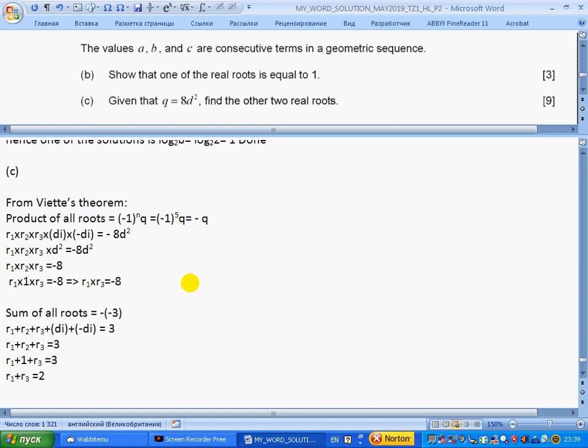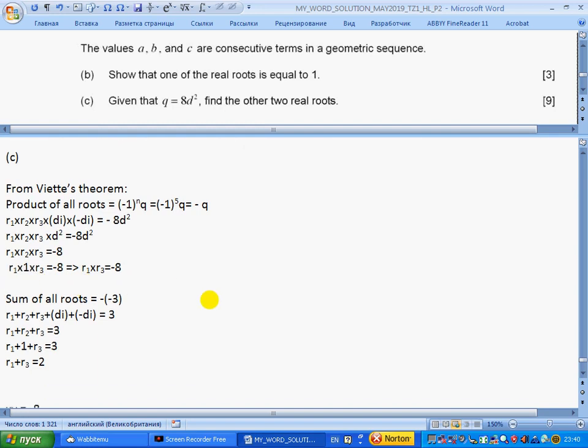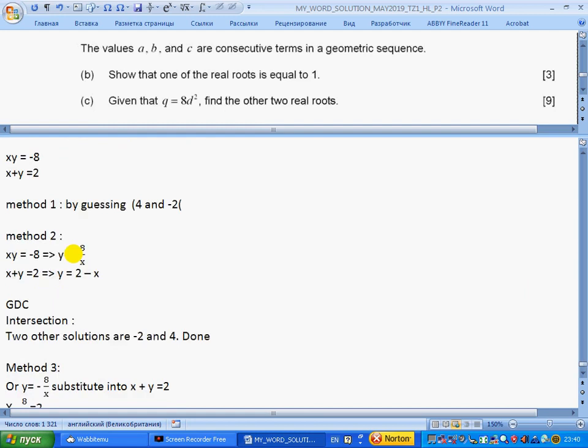So we have sum of all roots equals 3. So R1 plus R2 plus R3 equals 3. R2 is 1, so R1 plus R3 equals 2. Product is equal minus 8, sum equals 2. By guessing we can find 4 and minus 2.